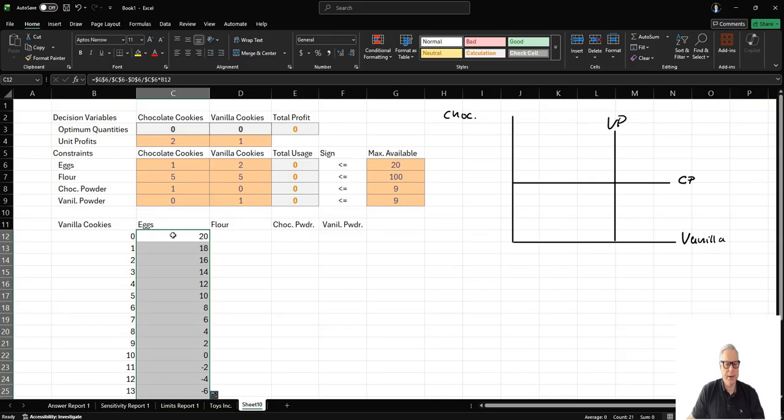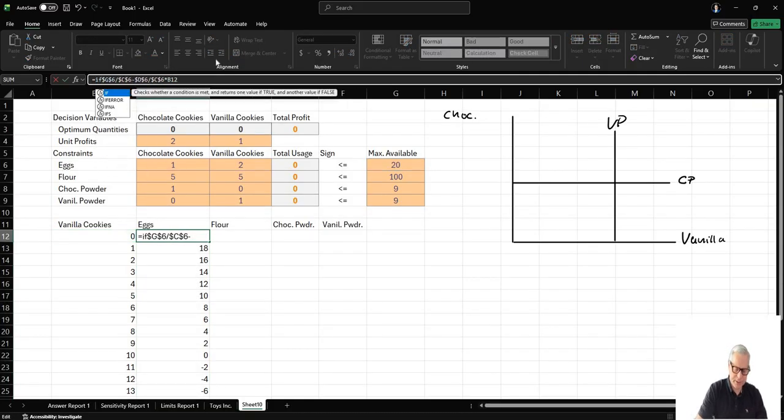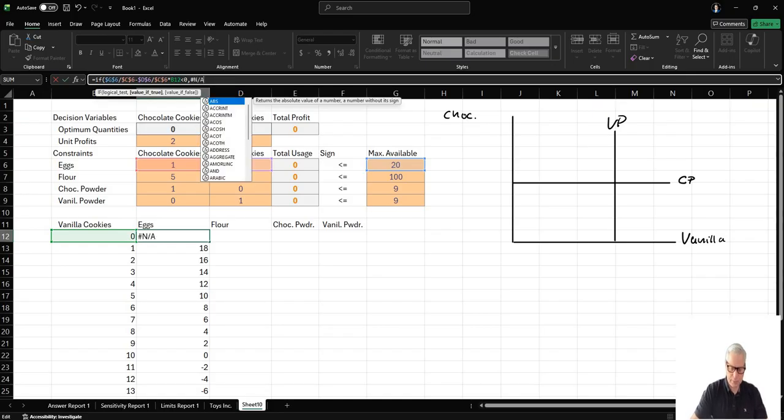So that's correct. And again, we want to avoid negative values, so we say if the equation that I just entered evaluates to less than 0, then enter #N/A, and otherwise use this formula.